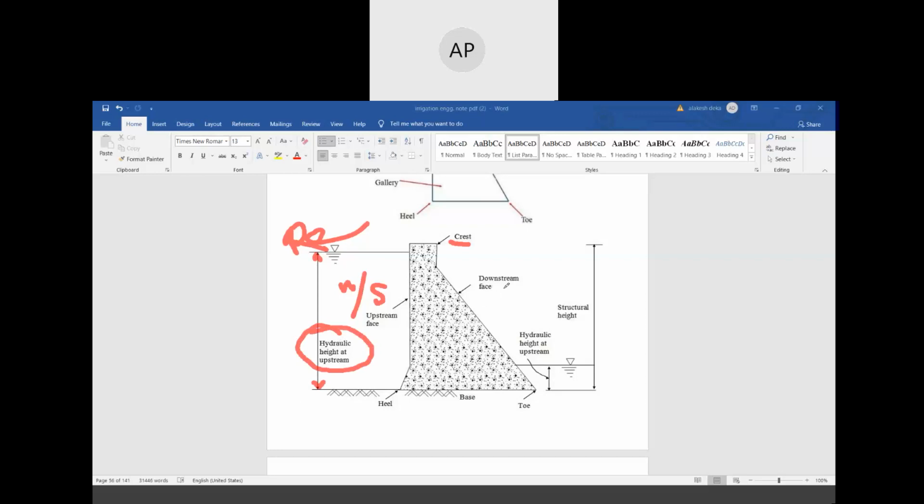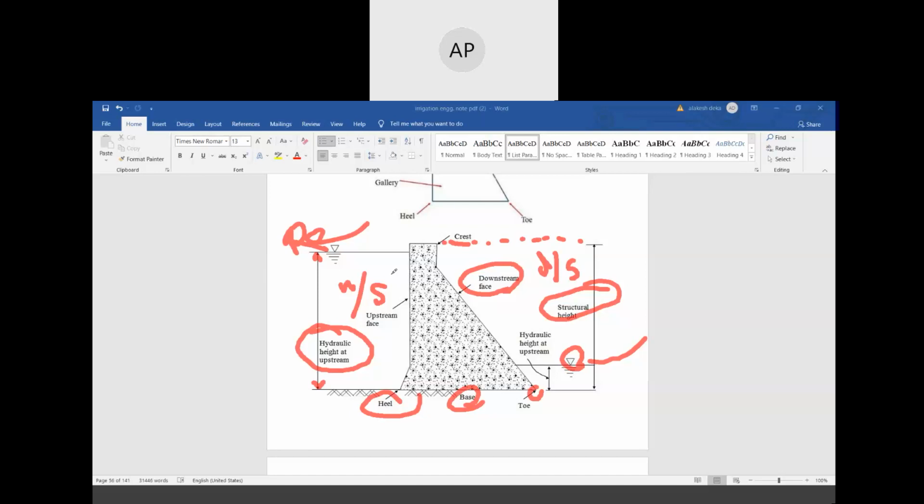This is the downstream face, and generally downstream is denoted by DS. From the crest level to the base level, it is known as the structural height. And this is the toe. As I have already told you, this is the base portion, this is the heel, and there is a hydraulic height at the upstream level. This is the river level, and this is the reservoir.